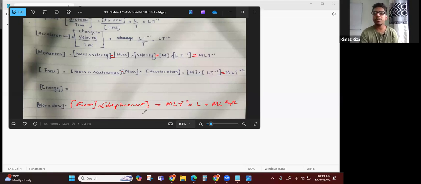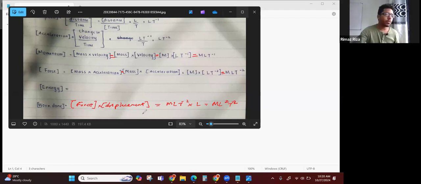Now what is energy? Energy is the ability to do work. If you do work, that energy is transferred and stored, so work done is stored as energy. For example, if I do work to lift this, that work done is transferred as gravitational potential energy.